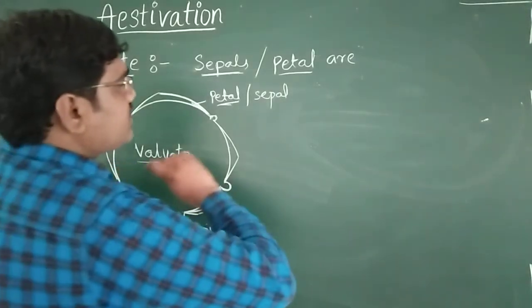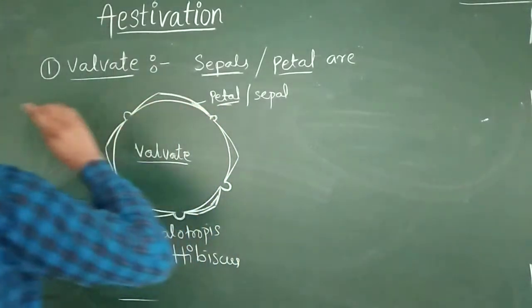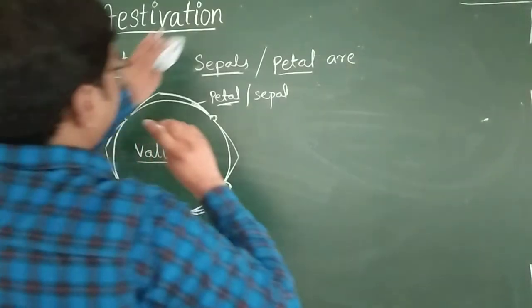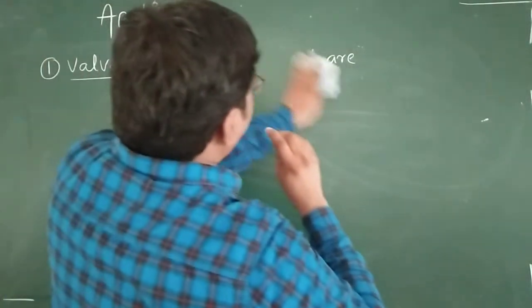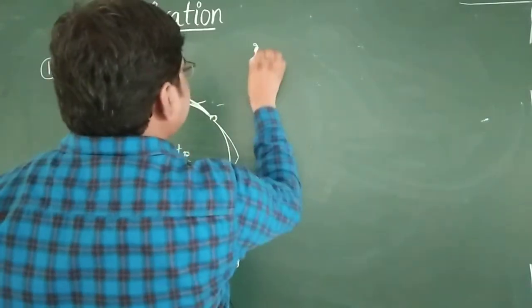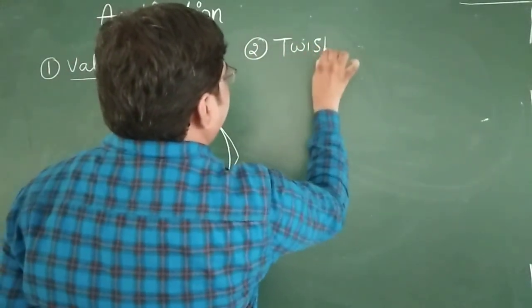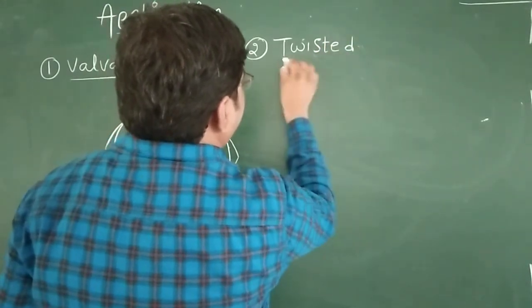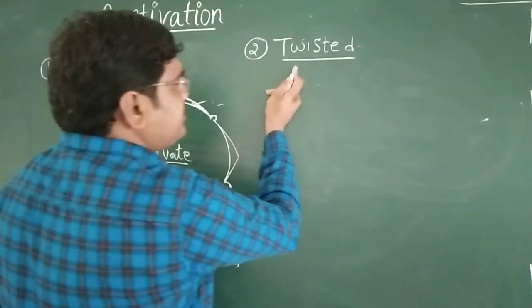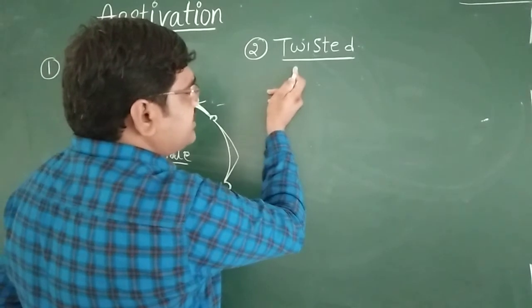The second type of estivation is called twisted estivation. What is the definition of twisted estivation?